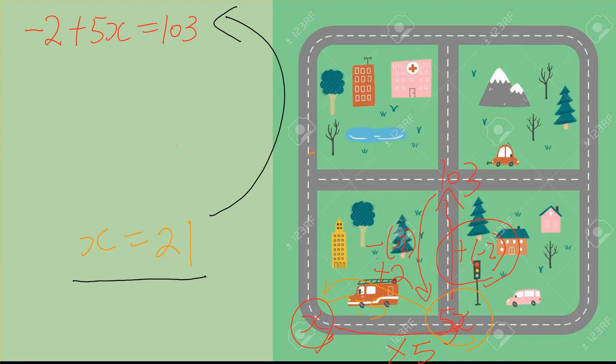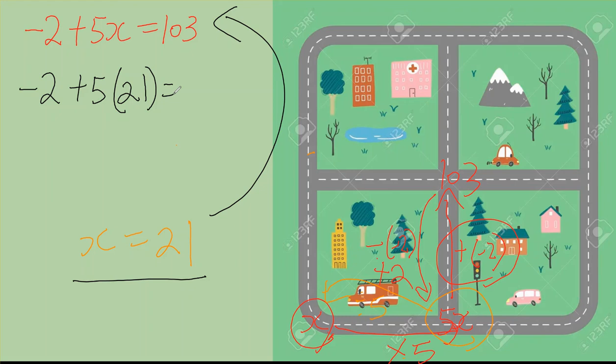So let's try. I have minus 2 plus 5x is equal to 103, and x is 21. So then I write the same thing with 21 instead of x. So I do minus 2 plus 5, and then instead of x I use 21.